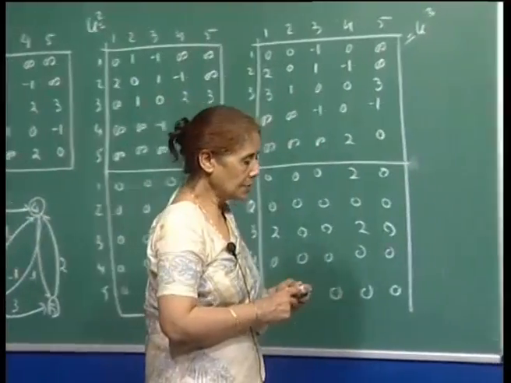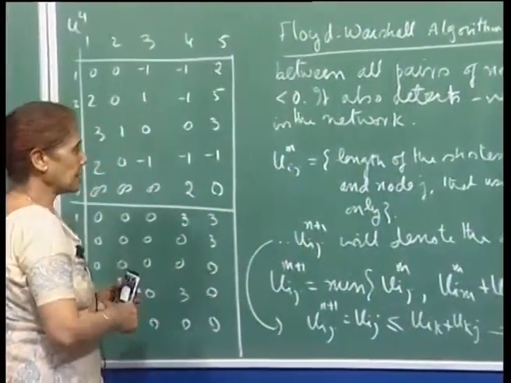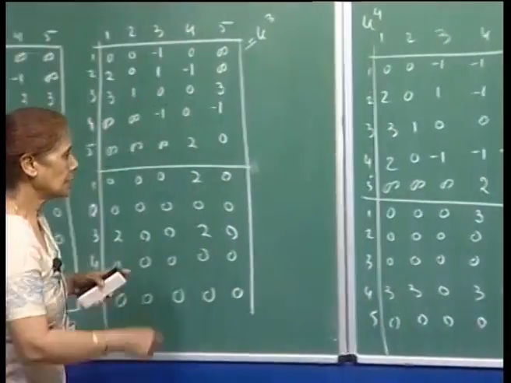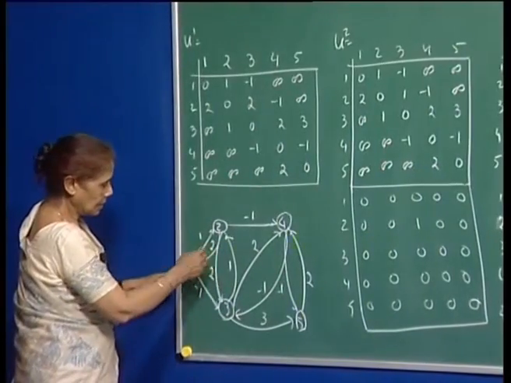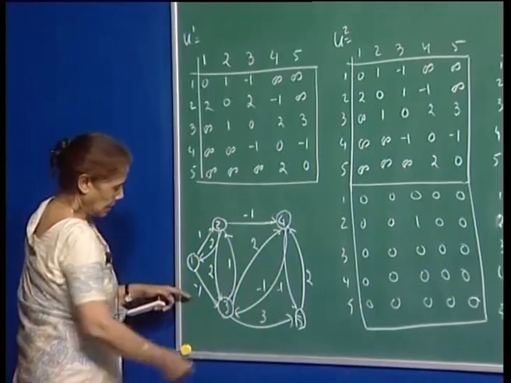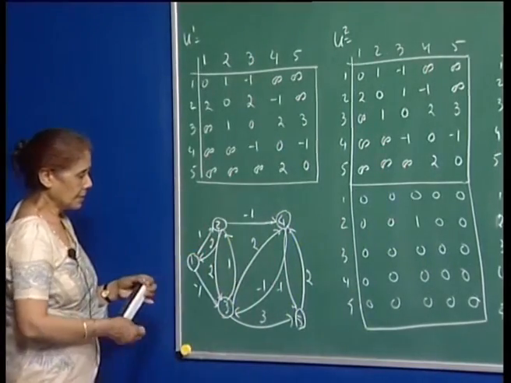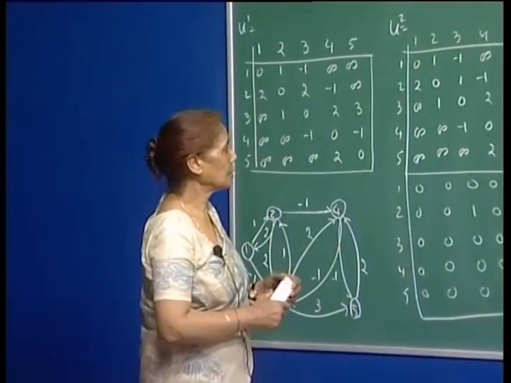Now, we have a very nice way of representing the computations for these quantities through the matrix, and so here let us write out, suppose you are given this network. Again the numbers are the Cij's. So, you can see that quite a few Cij's are negative, and so let us show the calculations for the Floyd-Warshall algorithm on this matrix.